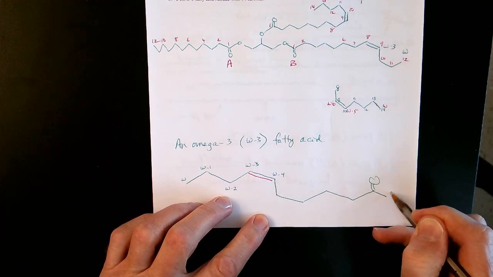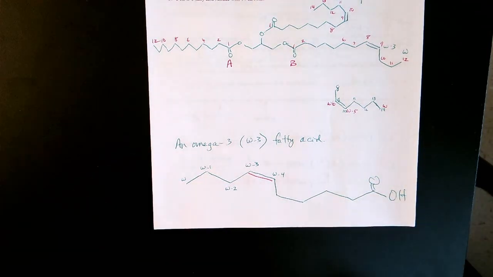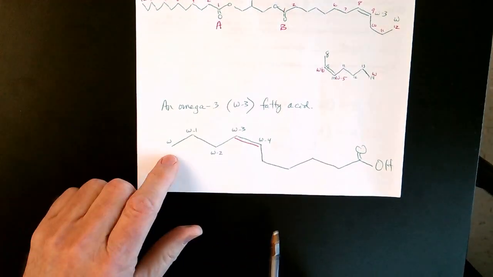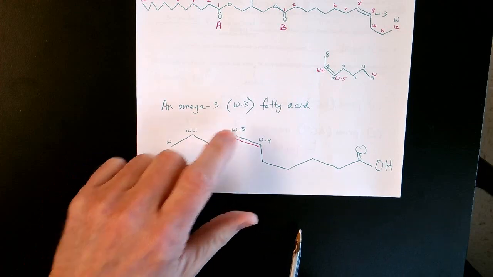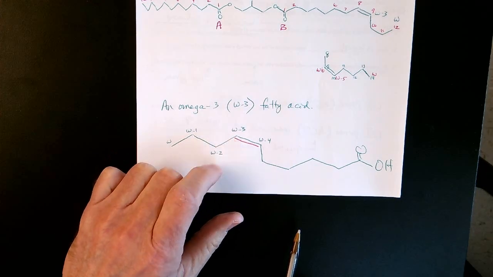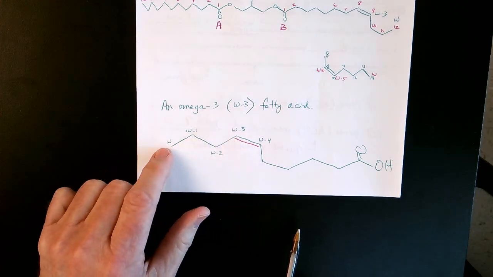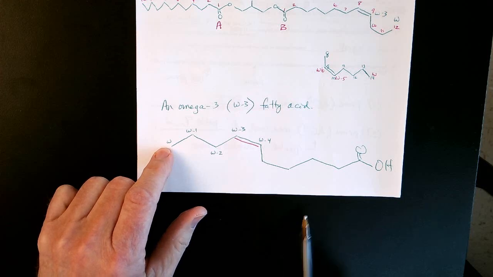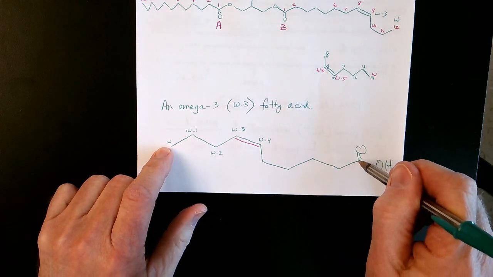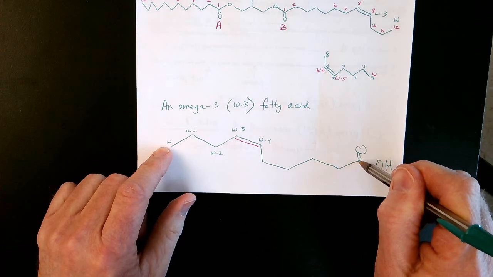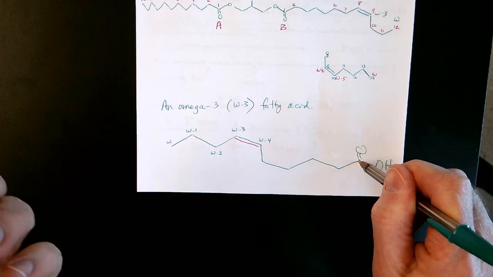Now, because this was described as a fatty acid, you need to end it in a carboxylate group like that. But the important part is omega, omega 1, omega 2, omega 3. So we always start from the omega end when counting? Yes. You start from the end that is not the carbonyl group. Now, this is the opposite of what you learned in your organic course.